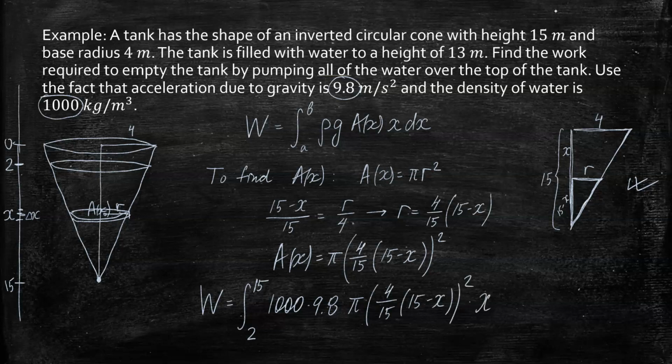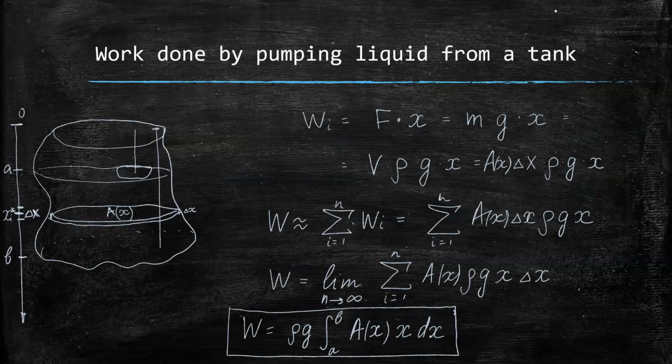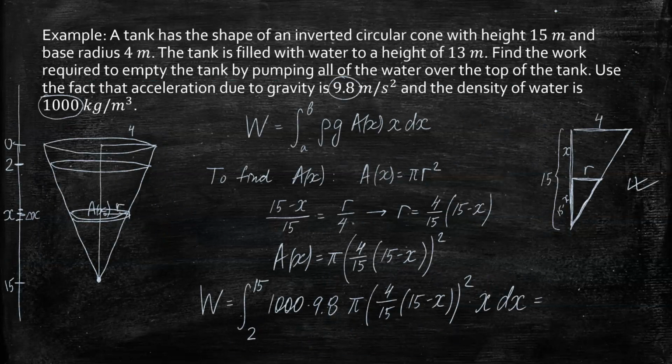Also, we multiply everything by x, and dx. And I am not going to do this by hand. I'm going to put it in Desmos to compute it. So let me press the pause button, and I'll be right back after I use Desmos.